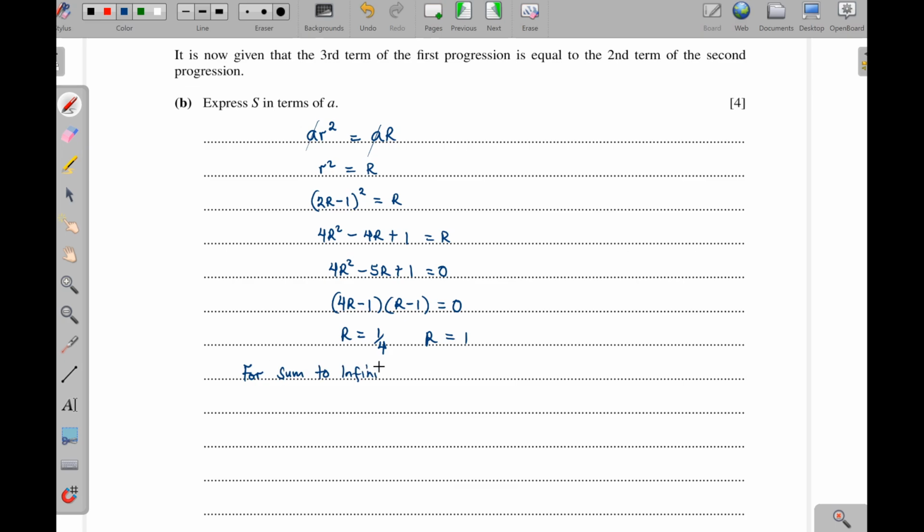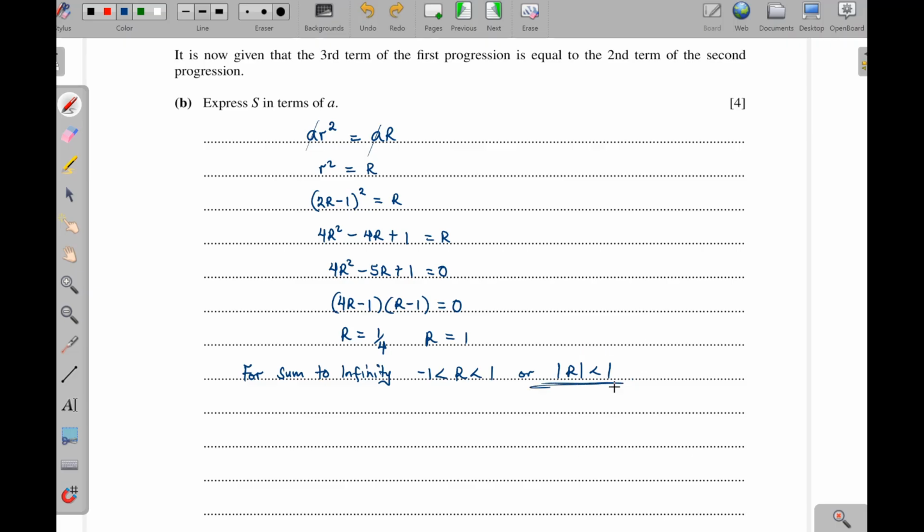because in the first part we were given sum to infinity, r ranges from 1 to negative 1, so it is within this. Sometimes we write it like this: the modulus of r is less than 1.